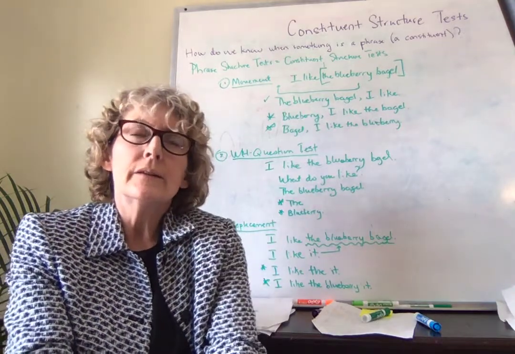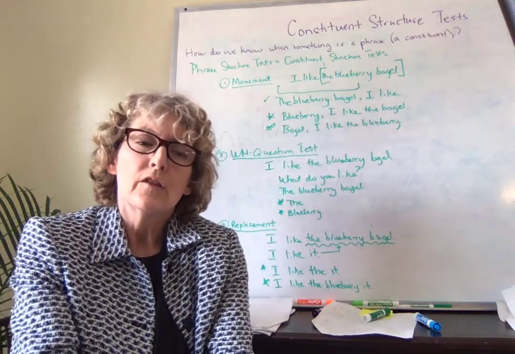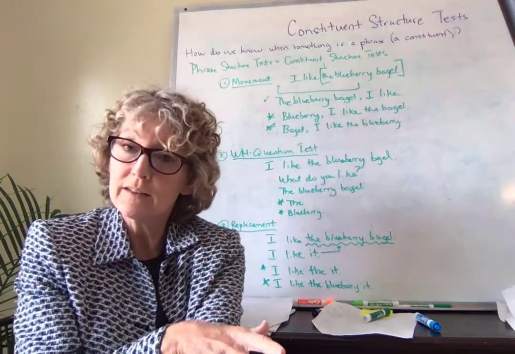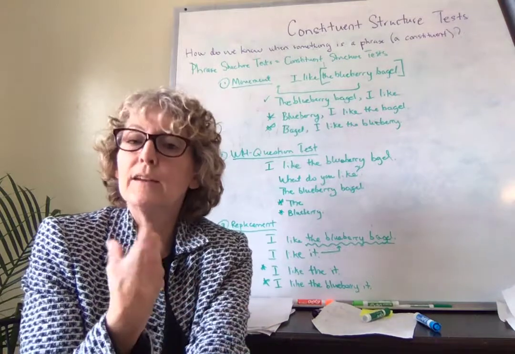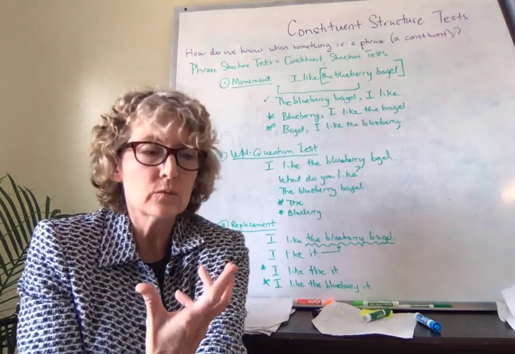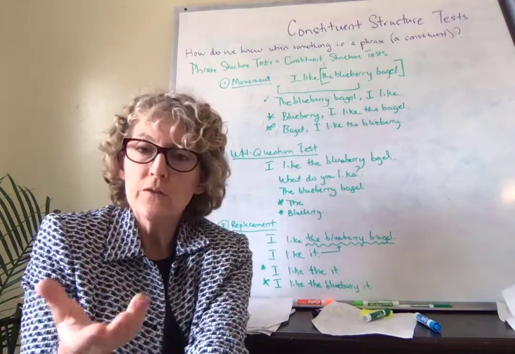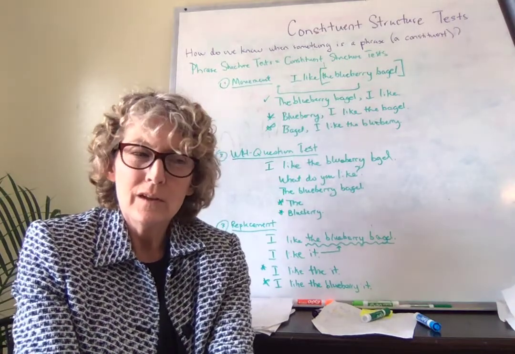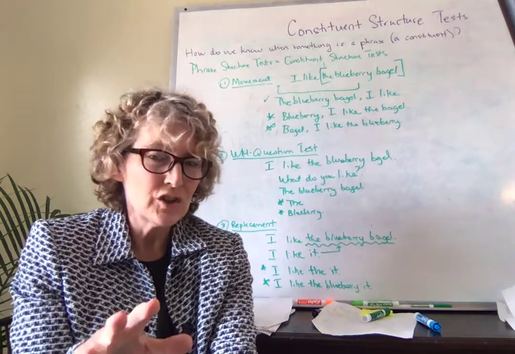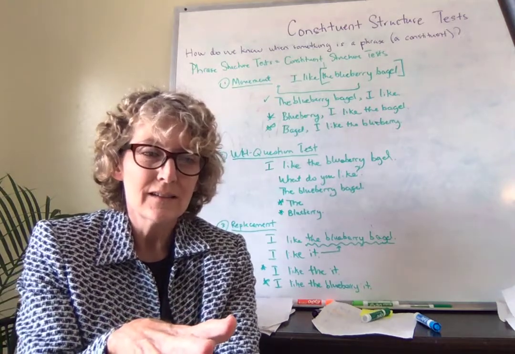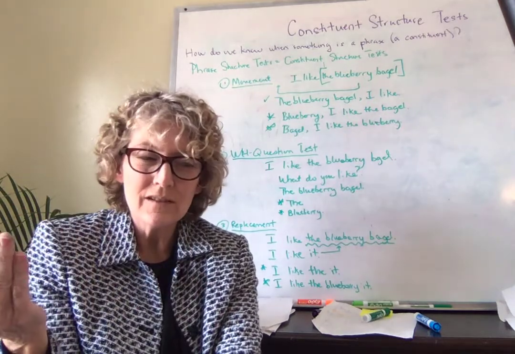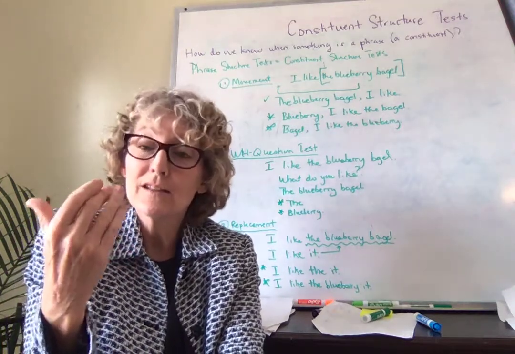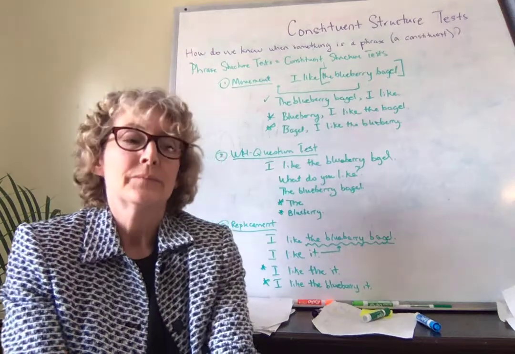The idea is that there are certain ways in which you can change the structure of a sentence, and it will sound natural. It will sound like a regular English sentence. And then there are other ways in which you might change the structure of a sentence, but for some reason, it just doesn't sound natural. It doesn't sound like something that a speaker of English would say.